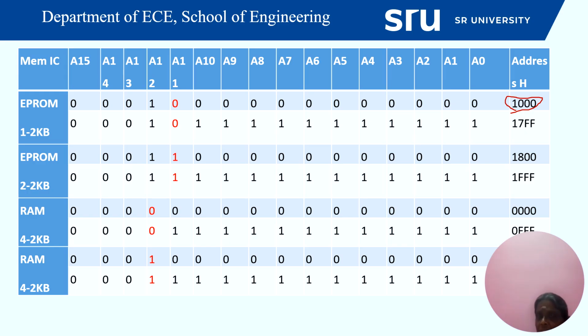Here I have written A0 up to A15. So 1 means 0001, these four combinations, and then 000 means all 0, and it ends in 2 kilobyte. It should cover 2 kilobyte.